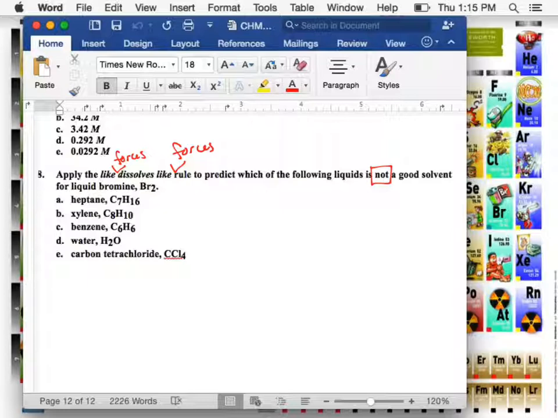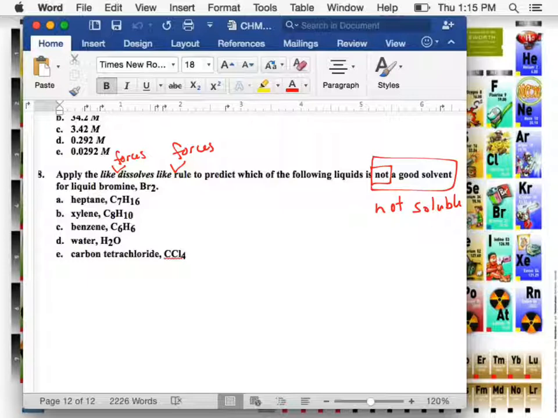Well, okay, so we want to bring in some level of interpretation here. Really, what they're asking is that one of these does not mix with bromine. Okay, so not soluble. So I would convert that not good solvent to not soluble.